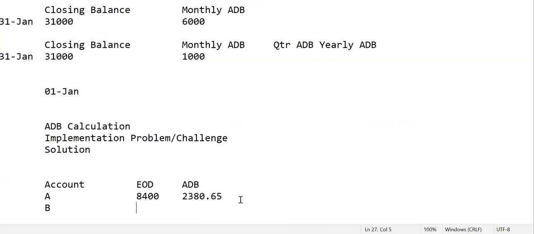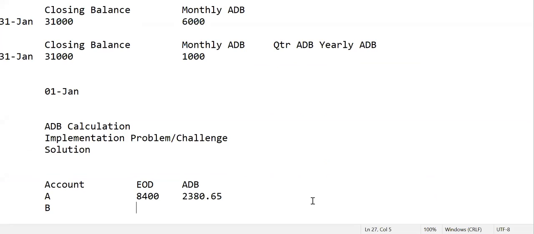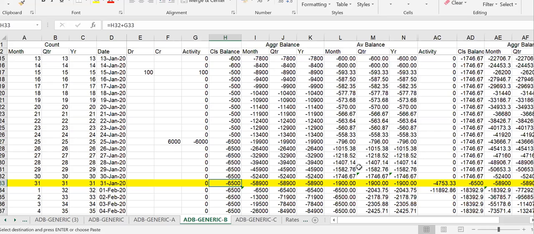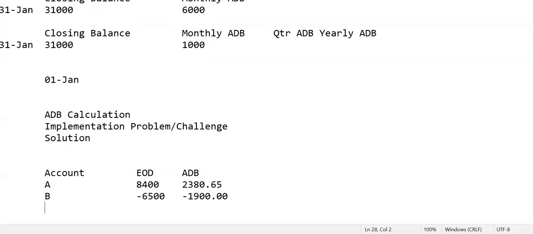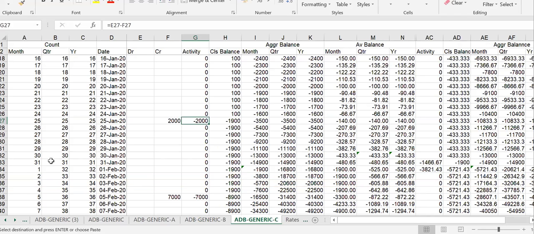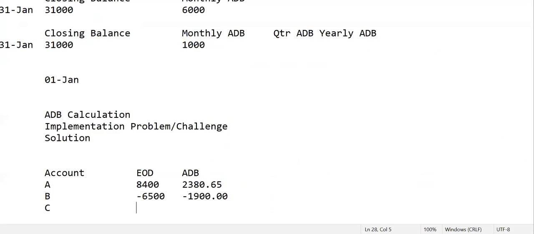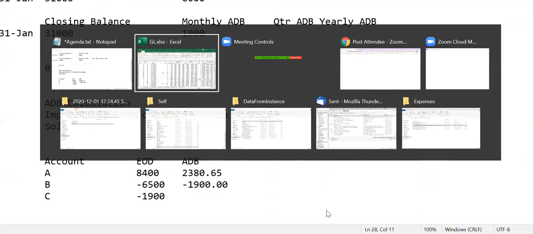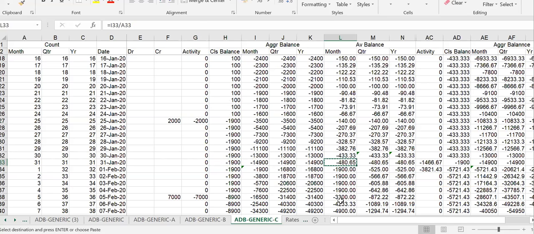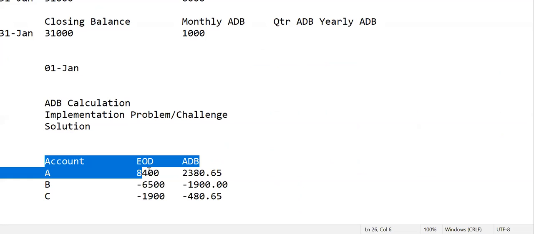Account B, EOD is minus 6,500, and ADB is minus 1,900. Account C, closing balance is minus 1,900 and ADB is this one. Correct. So this is what we have in the source system.